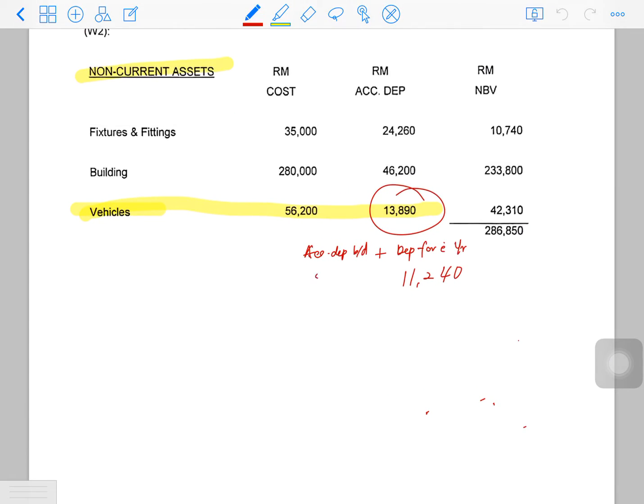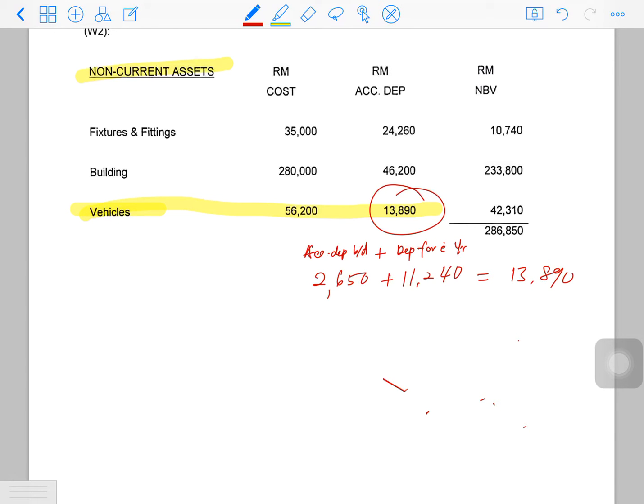If you add these two, 2,650 plus 11,240, you should get 13,890.